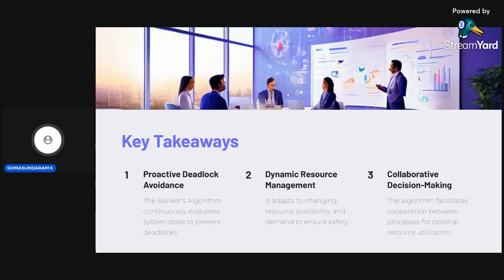If request[i] is less than or equal to need[i], go to step 2. Otherwise, raise an error, as the process has exceeded its maximum claim. If request[i] is less than or equal to available, go to step 3. Otherwise, process Pi must wait since resources are not available.